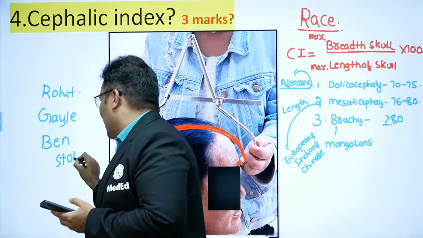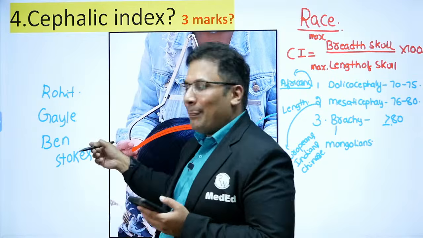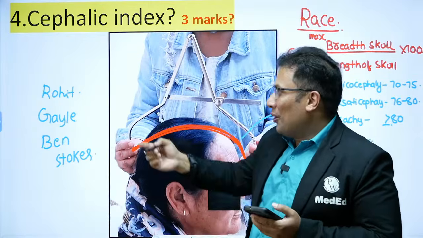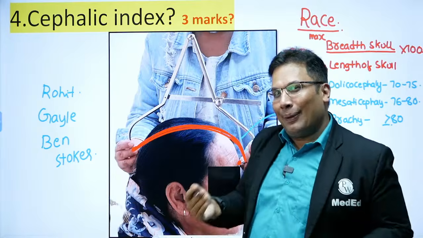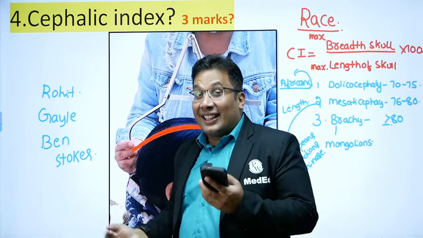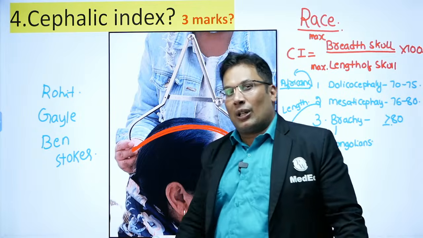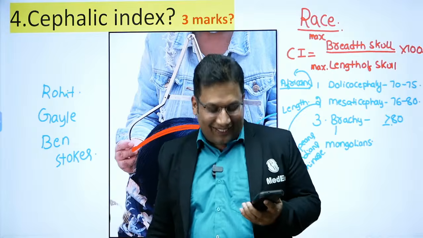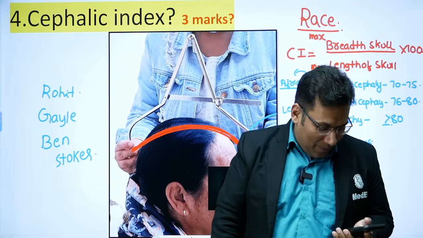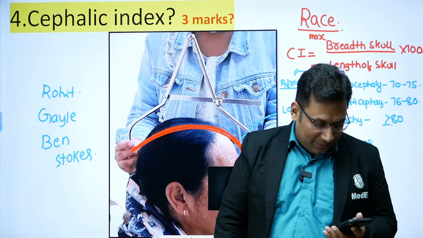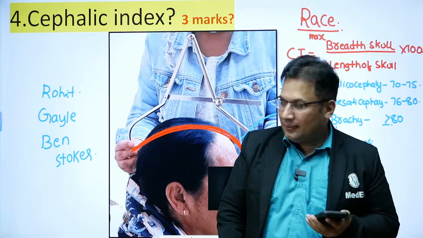So 3 questions for you. You just type the answer there. Rohit Sharma, one of the great players, my favorite. Chris Gayle, RCB. Then Ben Stokes, one of the finest all-rounders of England. Jaldi batao. All the 3, one by one.